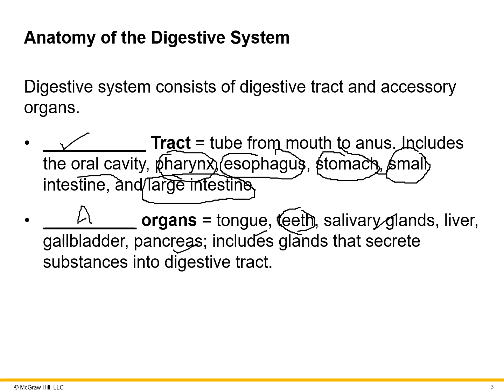These are organs that secrete materials like enzymes and bile and other substances that help break down materials in your food. It's just that the chyme, bolus, and food never pass through them. So you have the digestive or gastrointestinal tract, also known as the alimentary canal or GI tract, and then you have the accessory organs.